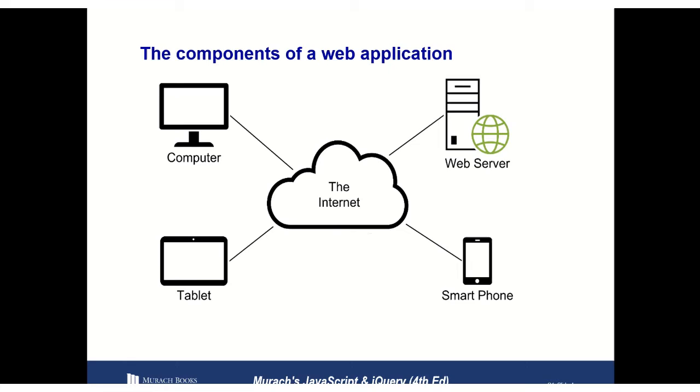Basically the clients are the devices, and these devices use the web application. They access the web pages through web browsers. The web server holds the files that make up a web application. A network is a system that allows clients and servers to communicate. The internet is a large network that consists of many smaller networks.